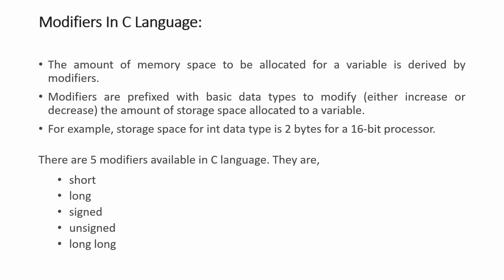For example, storage space for int data type is 2 bytes for a 16-bit processor. There are 5 modifiers available in C language. They are short, long, signed, unsigned, and long long.